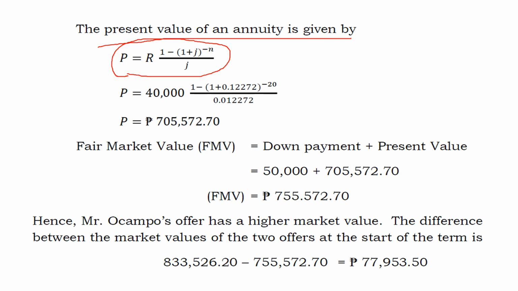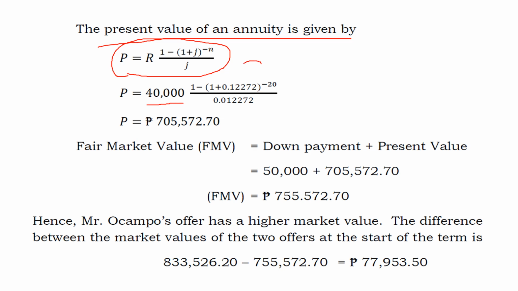Here, the given value for R will be 40,000, from Mr. Cruz's offer. We just substitute the given values into the present value formula.